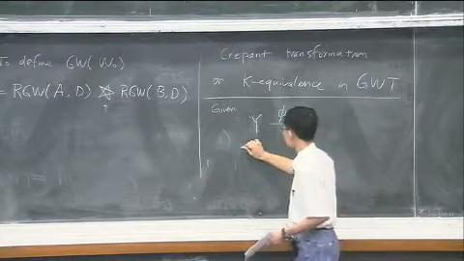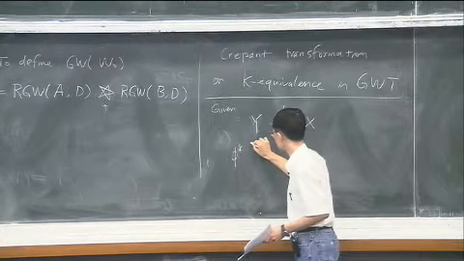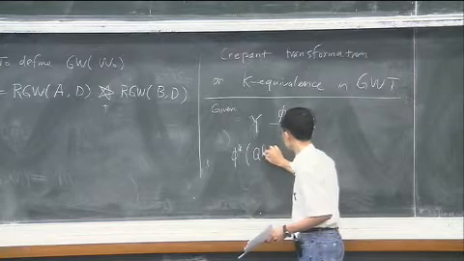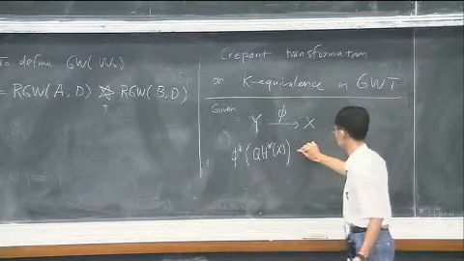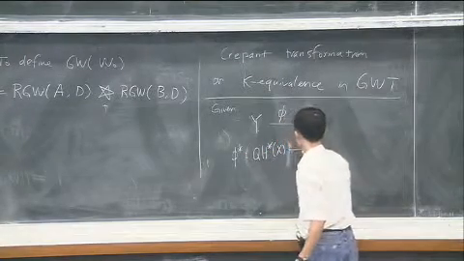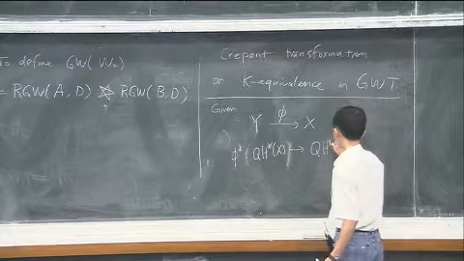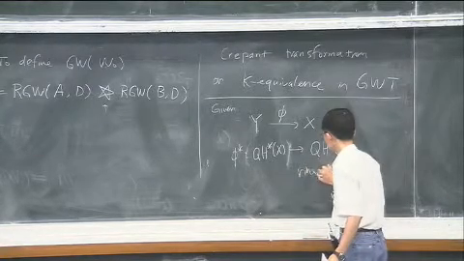now you can ask whether phi pulls back quantum cohomology. After all, it does pull back cohomology. So does phi tilde go from here to here as a ring homomorphism?